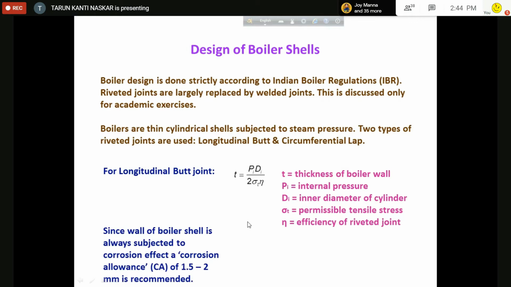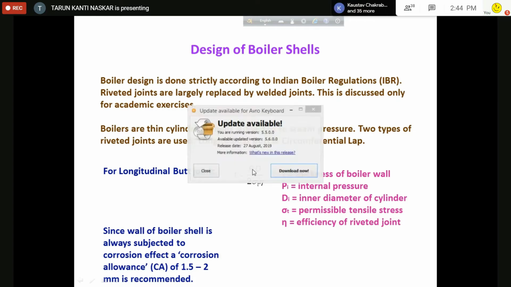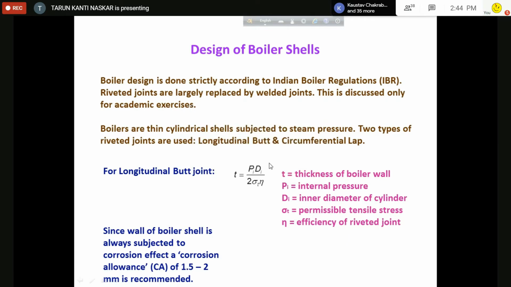Now, since the wall of the boiler shell is always subjected to corrosion, obviously, because steam is there, one corrosion allowance is taken over this Pi Di by 2 sigma T eta. That value of C is 1.5 to 2.